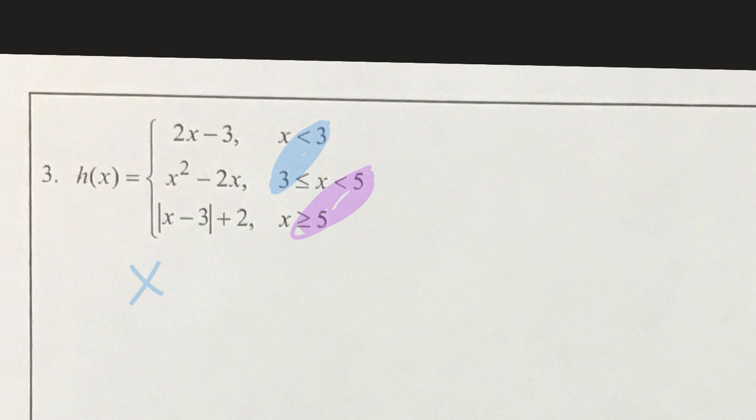Okay, so we're going to do our x equals 3 stuff. So approaches from the left, approaches from the right, see what they do. And then we're going to also do x approaches 5 from the left, from the right, and see what they do so that we can perform our analysis on these things.